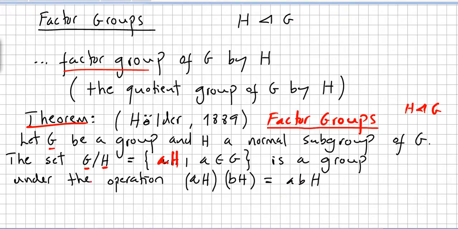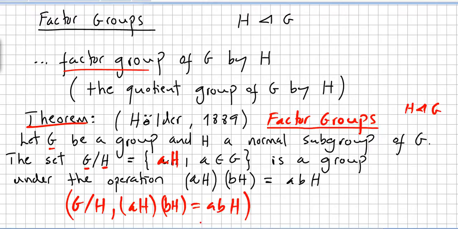So we have this set, left, and of course then right. We will see that in a sec. The operation is this one: AH times BH equals ABH. So this set under this operation is a group.